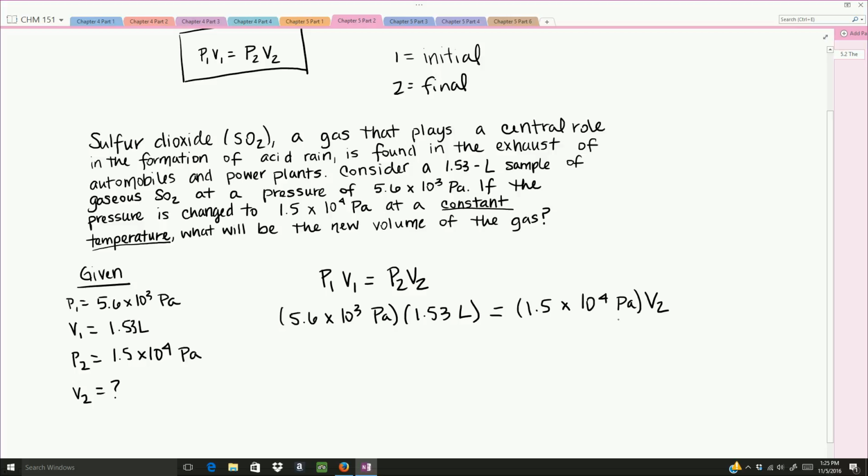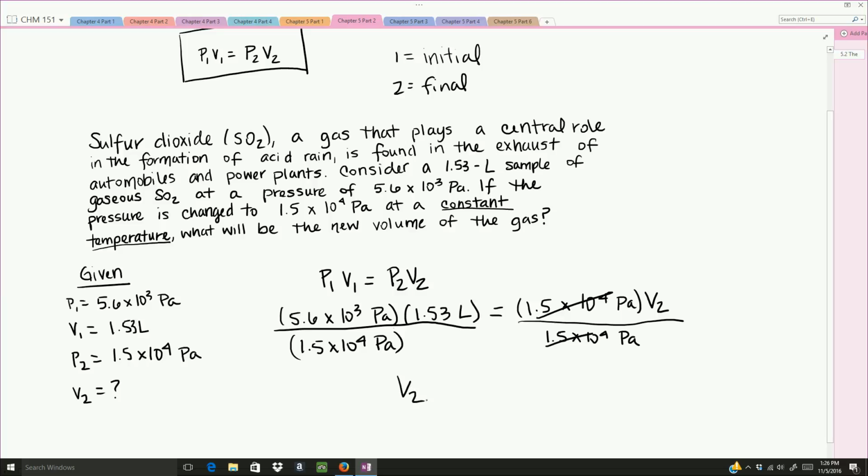The first thing we need to do to get V2 by itself is divide both sides of our equation by 1.5 times 10 to the fourth Pascal. So that cancels on that side.